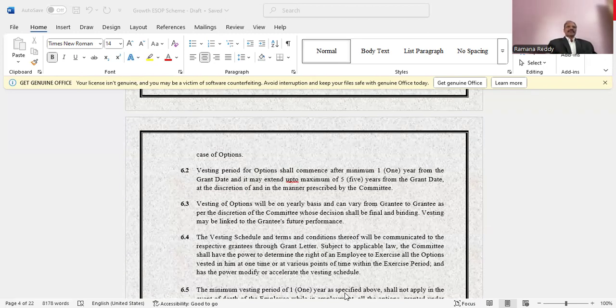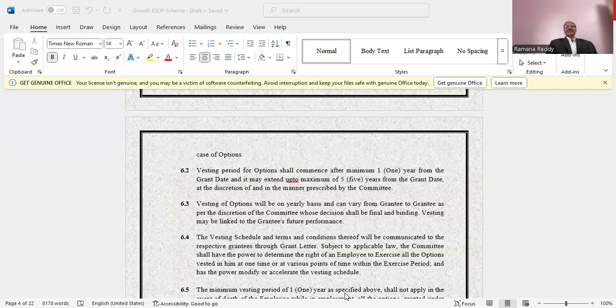The committee shall have the power to determine the right of an employee to exercise all options vested in him at one time or at various points of time within the exercise period. Because the exercise period will be given after vesting also, as availability of funds also needs to be checked with the employee.